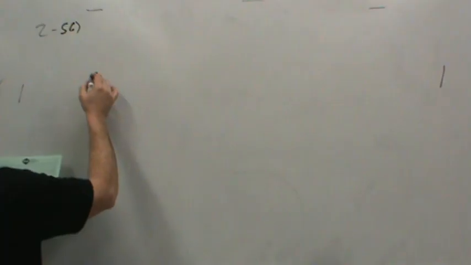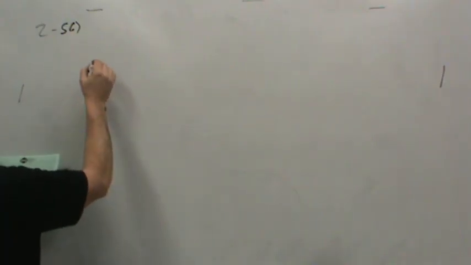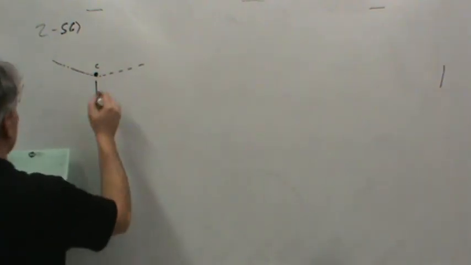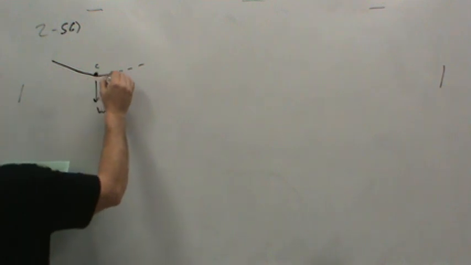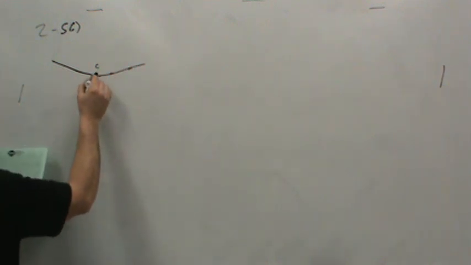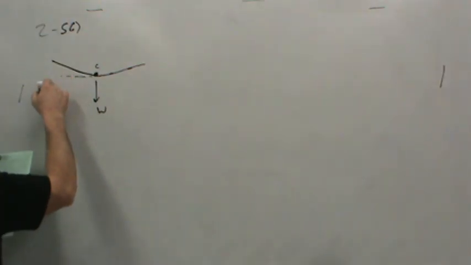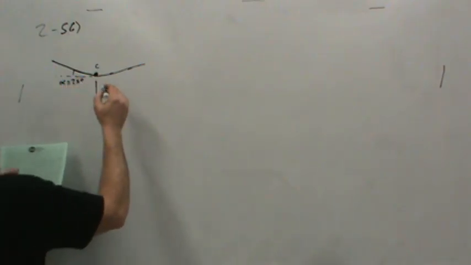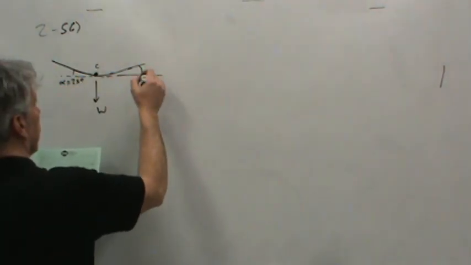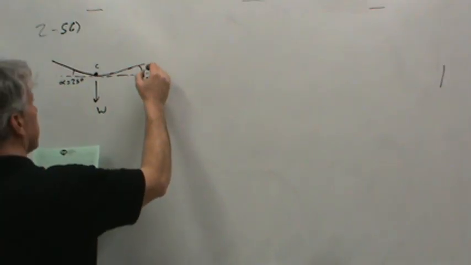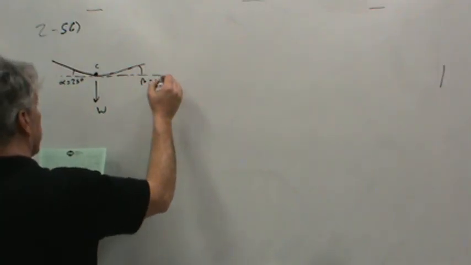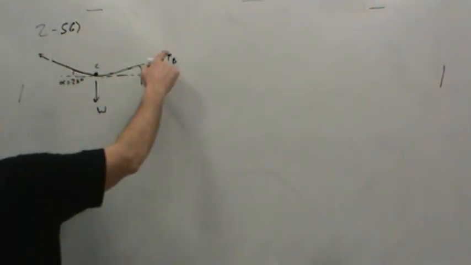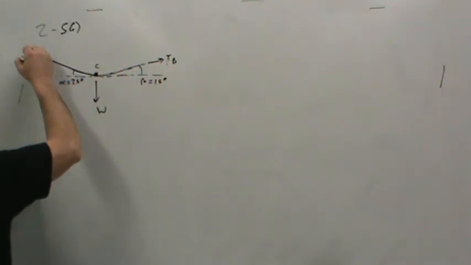There is a line ACB, because this is point C. The angle of the cable on the left side is the angle alpha, 25 degrees, and from horizontal on the right-hand side the angle is beta, 15 degrees. Now tension B is here, and tension A is here.